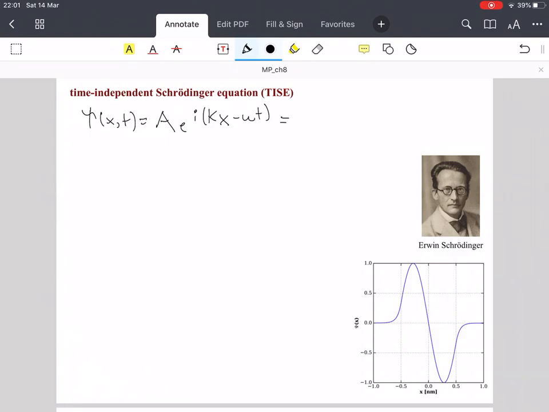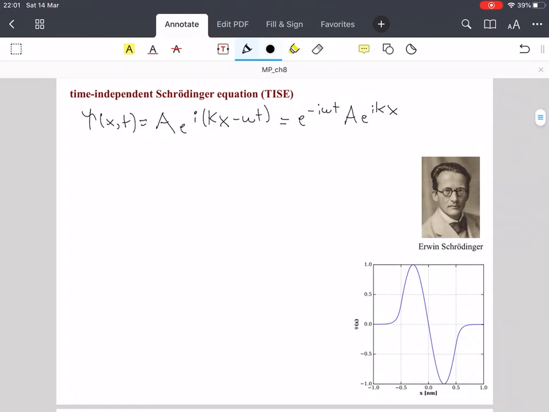So we separate out those two components, where we get e to the minus i omega t, which is multiplied by this constant, times e to the i kx, and we call that the time-independent wave function.